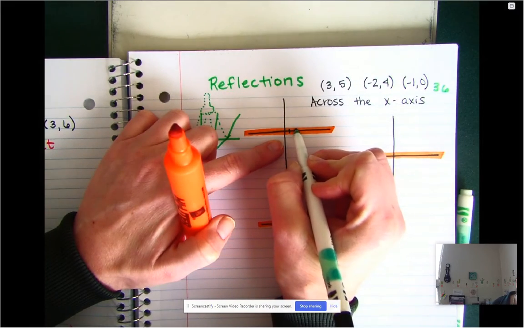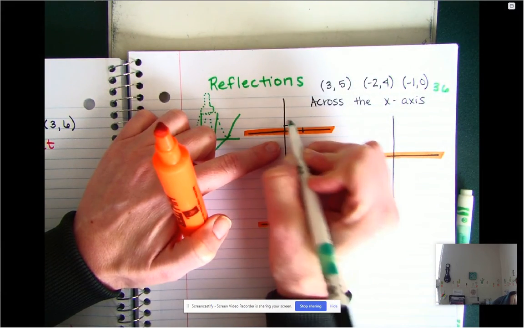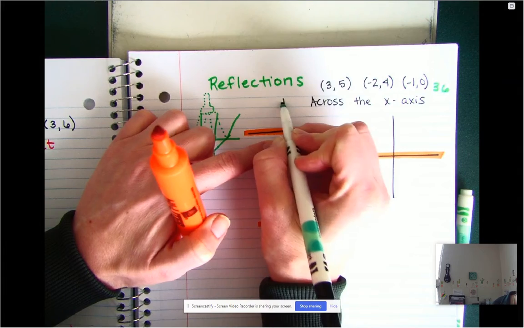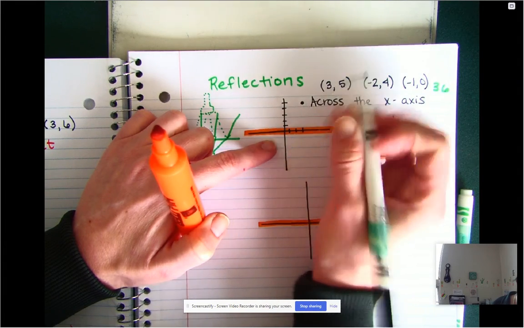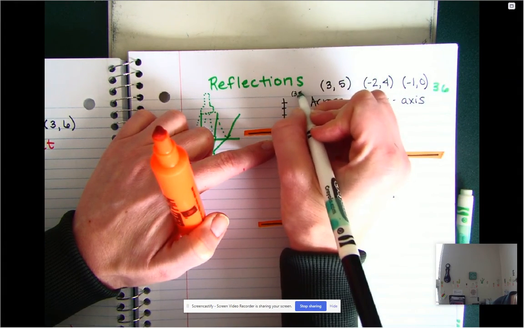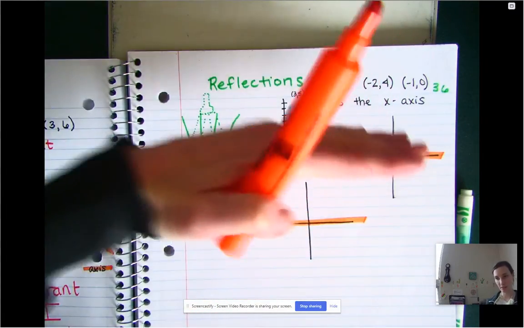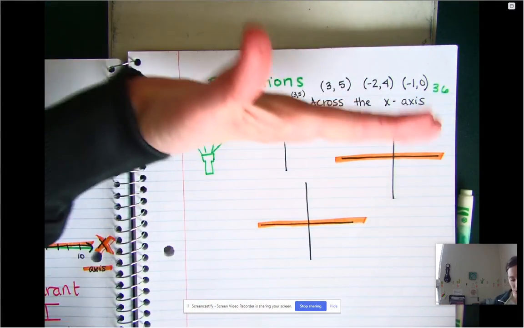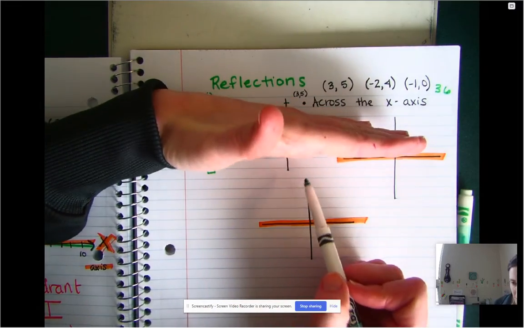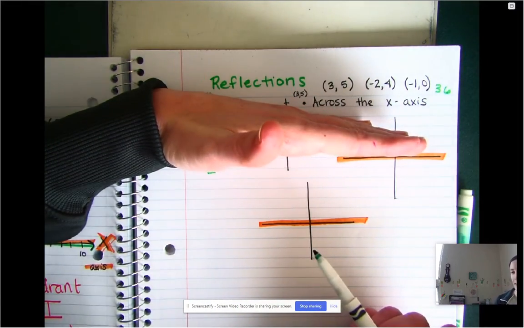When I reflect across the x-axis, let's start up here with (3, 5). So we go over 3, up 5: 1, 2, 3, 4, 5. So this is (3, 5). Now imagine if I held up a mirror here, and maybe you've seen these transparent mirrors that actually let you see where it would land on the other side.